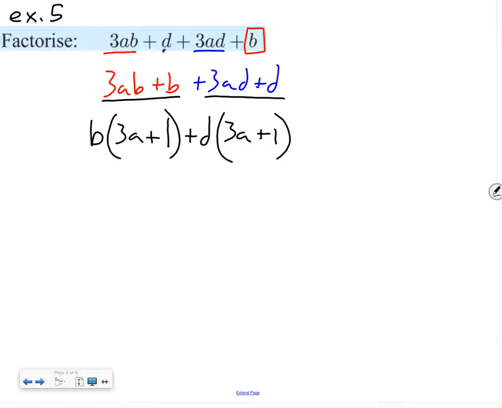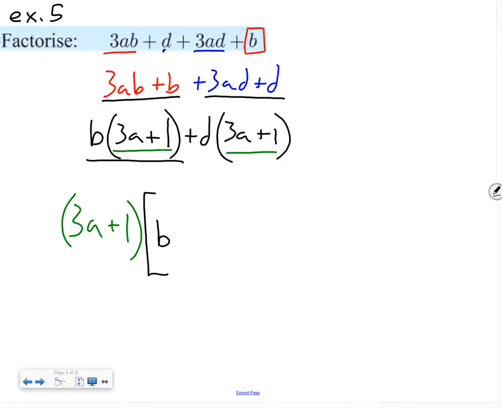Well, this is very convenient because now I can say that both of these terms have a 3a plus 1 and a 3a plus 1 as similar terms. So I'm going to factor that out, 3a plus 1, because they both have that in common. Now, 3a plus 1 times what is this piece?